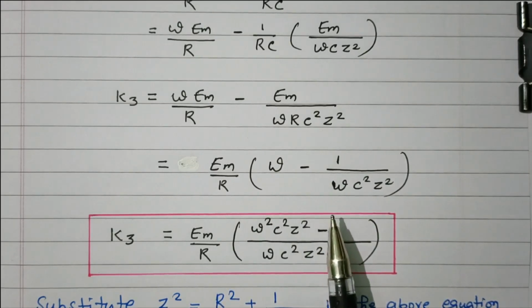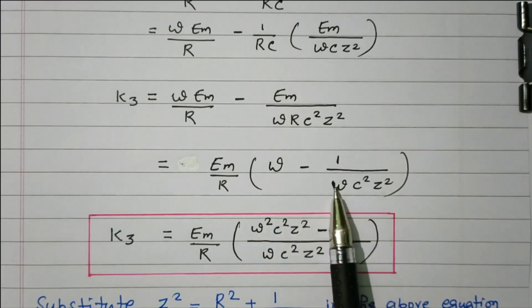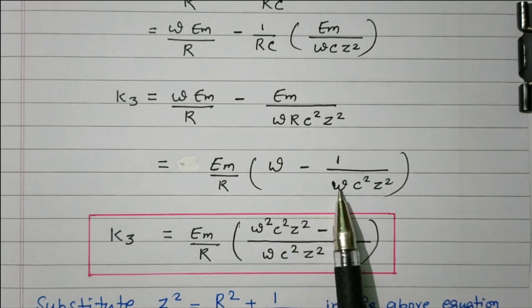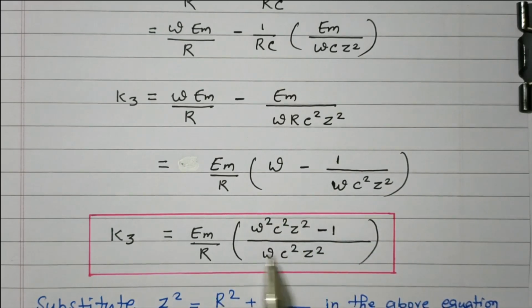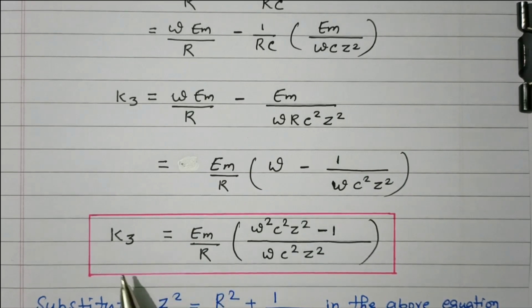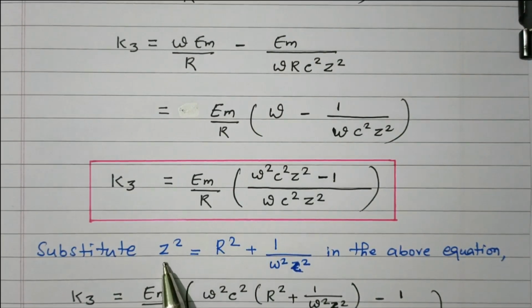Right. Already here no term is available, so all these 3 terms are multiplied. Already omega is there, so omega square C square Z square. So this is the value of K3. Now we can substitute here: R square plus 1 divided by omega square C square equals Z square.